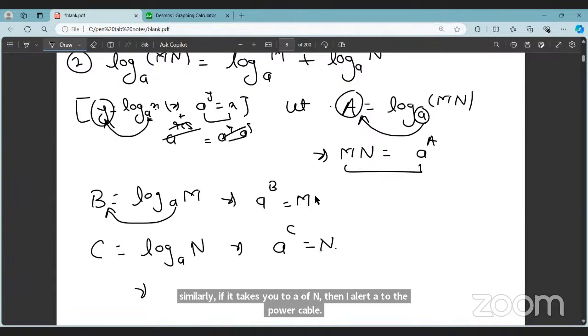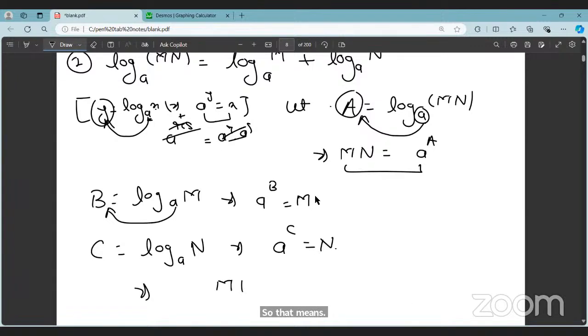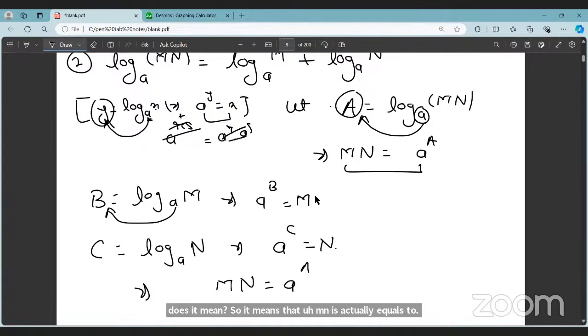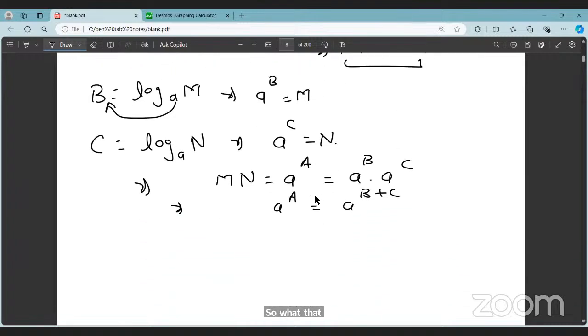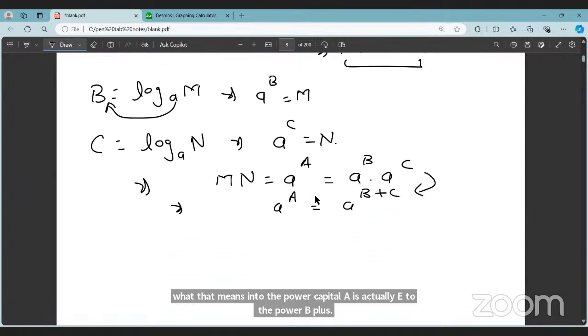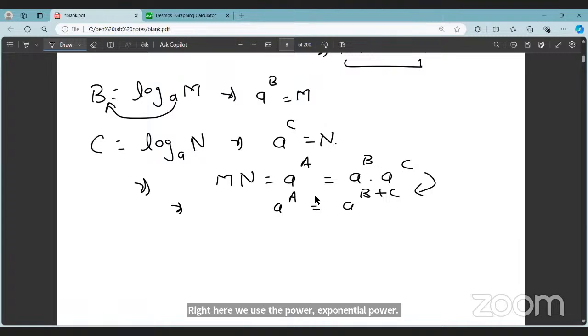So what does it mean? It means that mn is actually equal to a to the power b into a to the power c. So that means a to the power capital A is actually a to the power b plus c, right? Here we use the exponent rule that if we have a product, then the powers get added. Right.